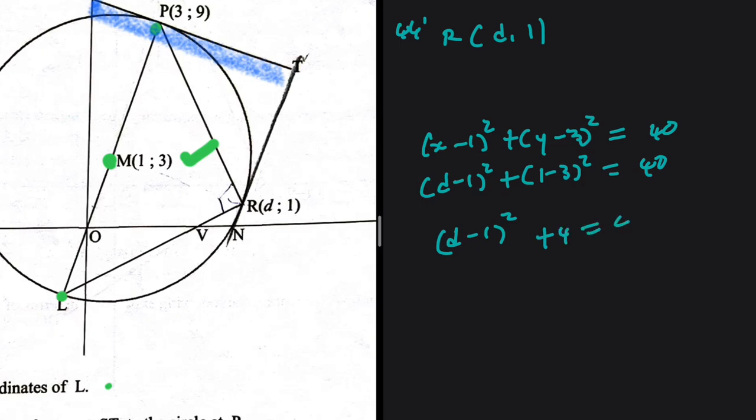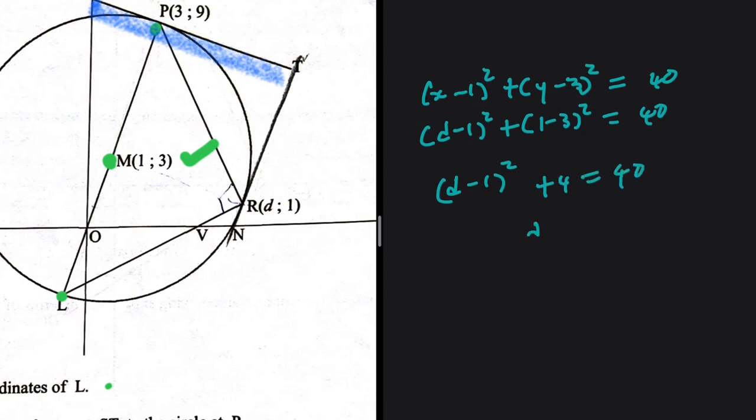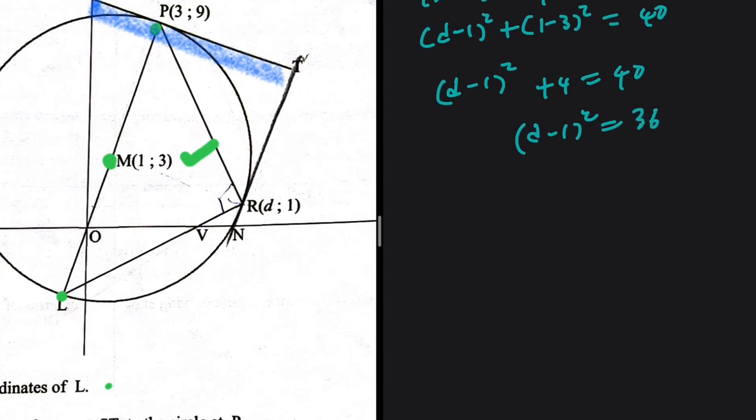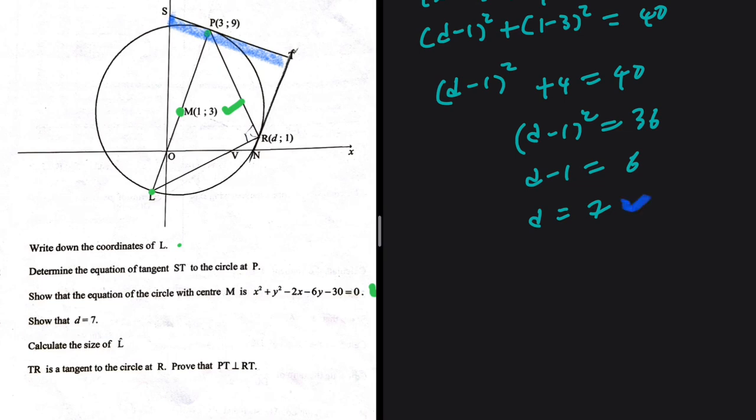So plus 4 is equal to 40. So (d minus 1) squared is equal to 36. I can take square roots on both sides. d minus 1 is equal to, well, plus or minus, okay, d minus 1 is equal to 6. Let me not complicate things. d is equal to 7, right? We have shown that d is equal to 7.